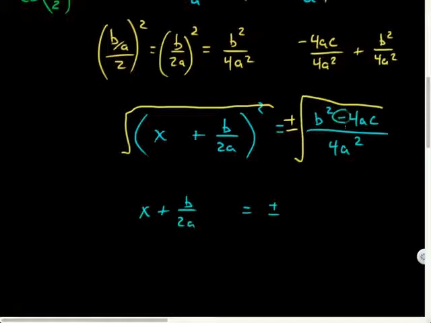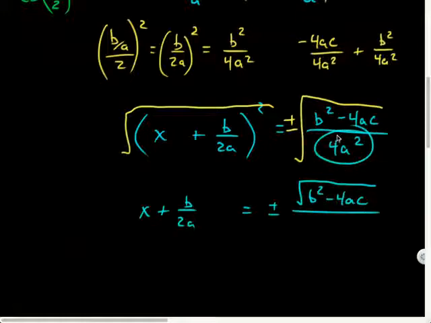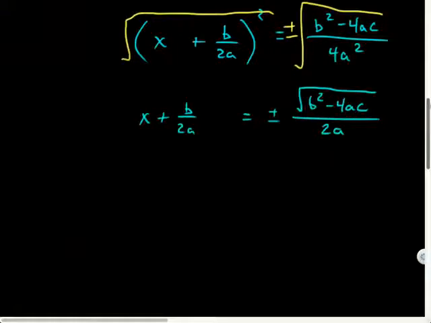No, because I can't distribute a square root over subtraction. That would be muy illegal. So the numerator is the entire expression b squared minus 4ac. For the denominator, square root of 4 is 2. Square root of a squared is a. I'm getting close to solving this riddle. Minus b over 2a on both sides.